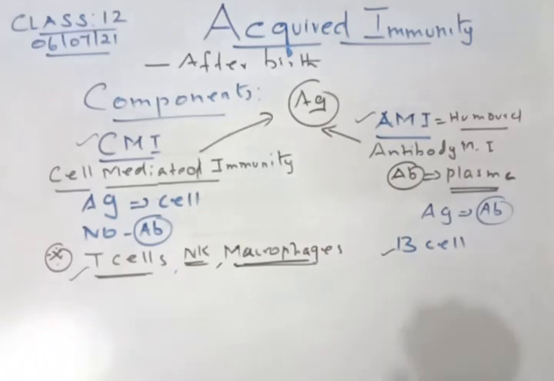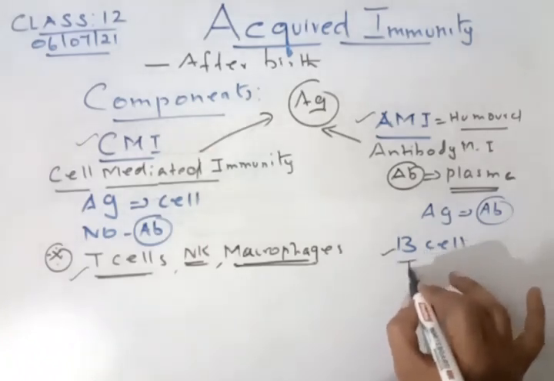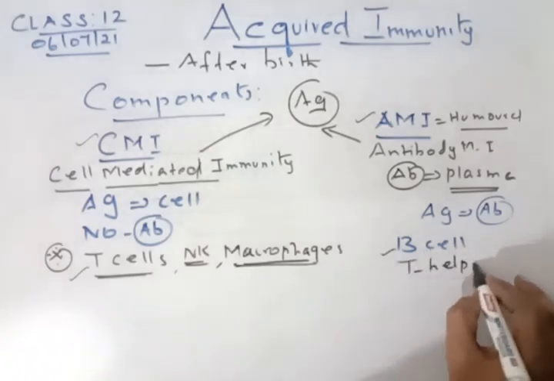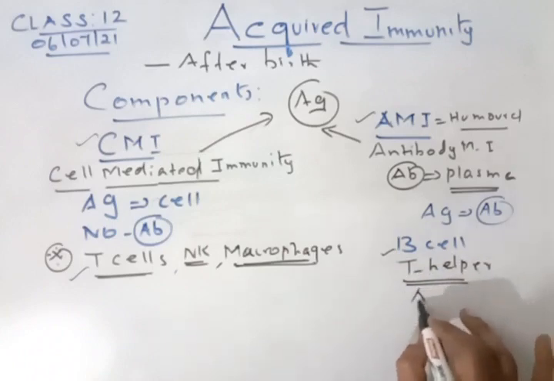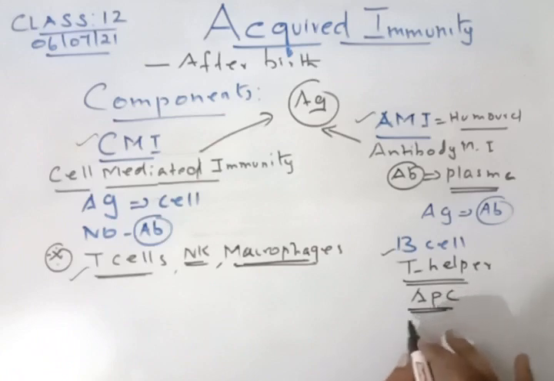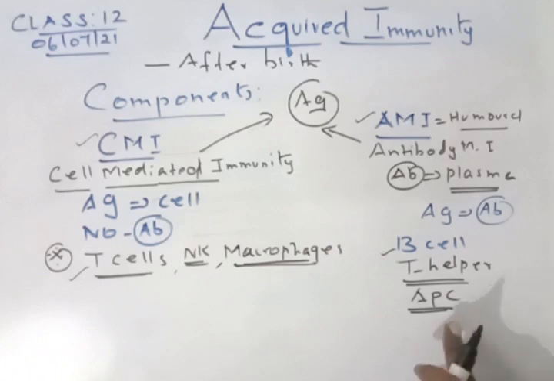Apart from B cells, it is also done with the help of T helper cells, not T cells, T helper cells. And one more cell is there called APC, antigen presenting cells. These are the cells involved in the elimination or destruction of the antigen. So we have cell mediated immunity as well as antibody mediated immunity.